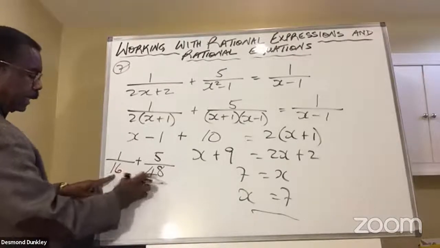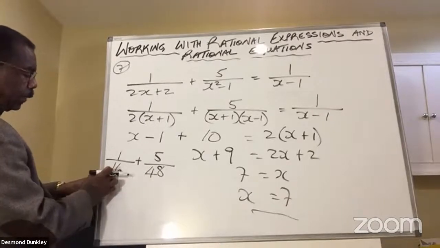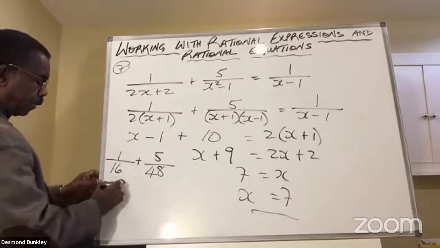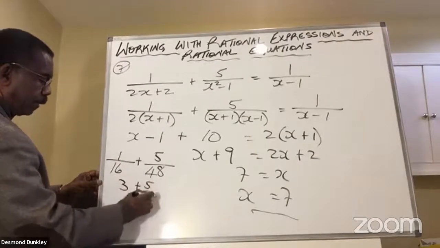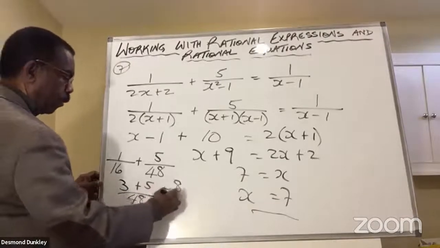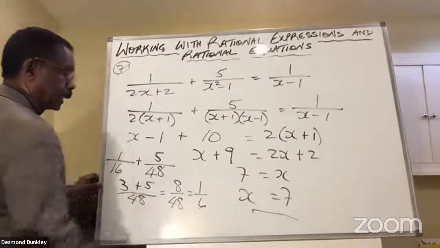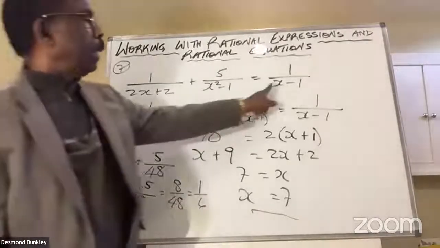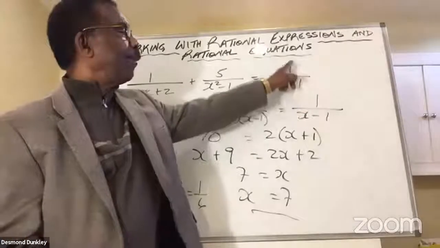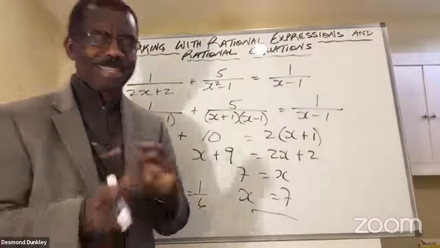Common denominator is 48. So 3 times 16 gives me 48, so the top is 3. So we end up with 3 plus 5 over 48, which is equal to 8 over 48, which is equal to 1 over 6. When x is 7, 7 minus 1 is 6, so 1 over 6. It works perfectly.